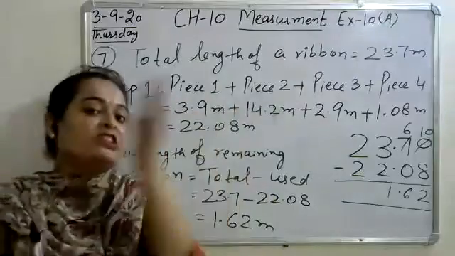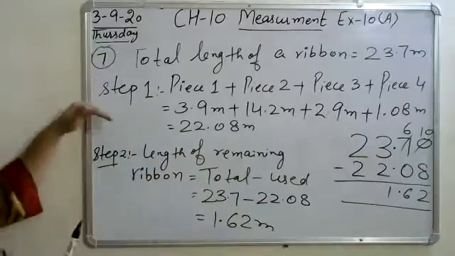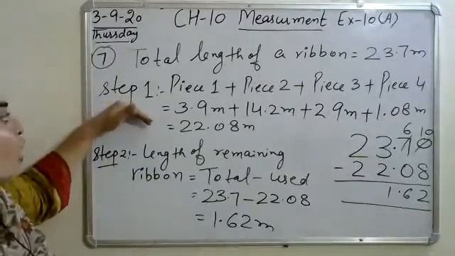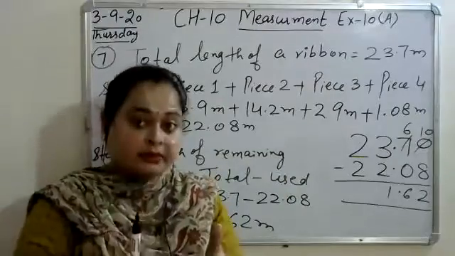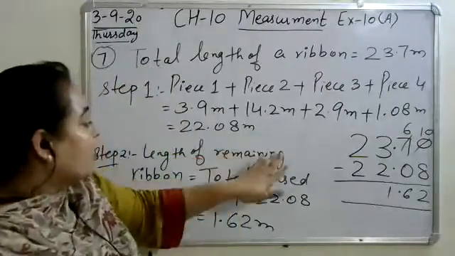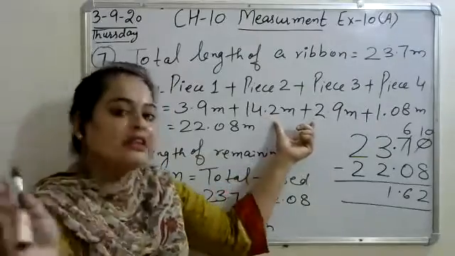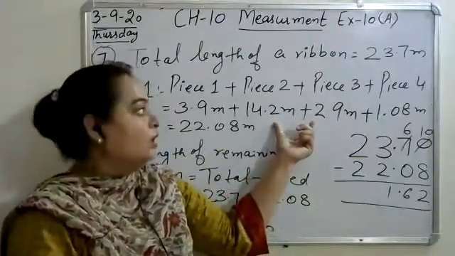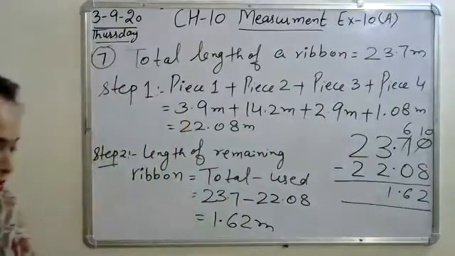If you change the position of the decimal, your answer will be wrong. So in this question, first you will combine the 4 pieces that you have cut. After that, remaining means जितना बच गया. ये तो हमने कट करके अलग कर दिया. कितना बच गया? तो टोटल में से जो यूज हो गया उसको माइनस कर दो. Note down.